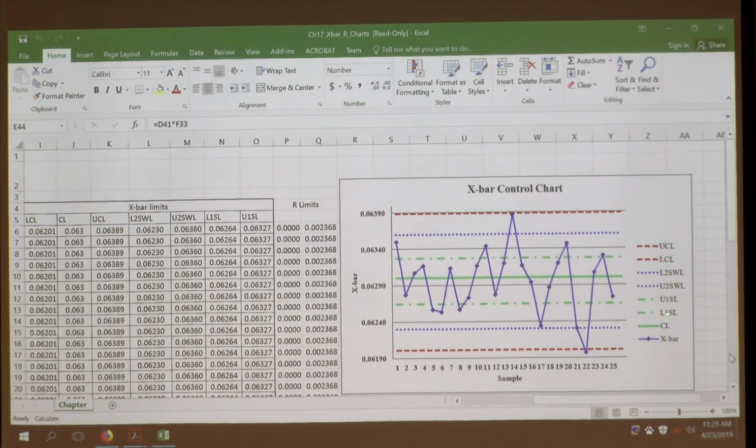This is the lower 1 standard deviation line. And then we have this blue dotted line, which is the upper 2 standard deviation warning limit and the lower 2 standard deviation warning limit. Then we have the upper control limit and the lower control limit. Then you will have variation here, right? Okay, so those are the basic components of a control chart.